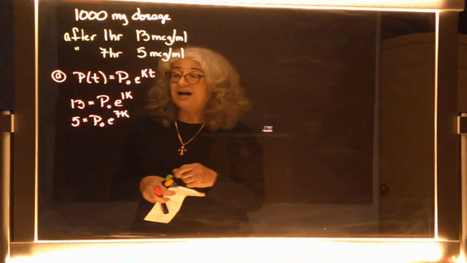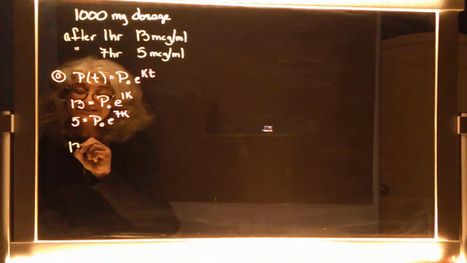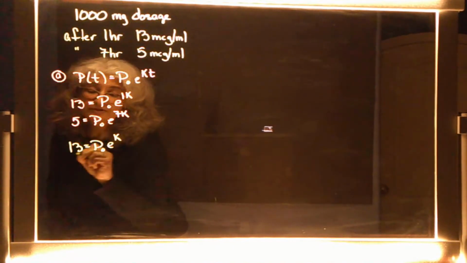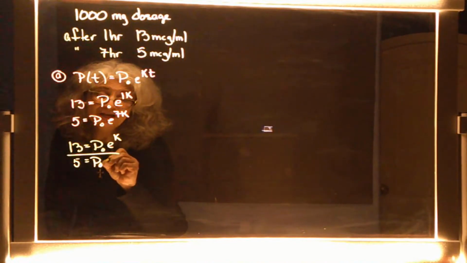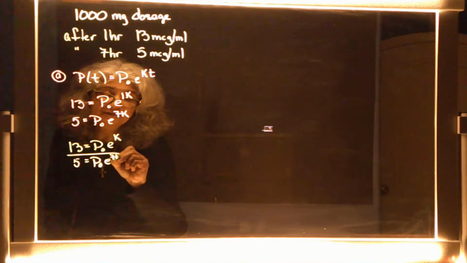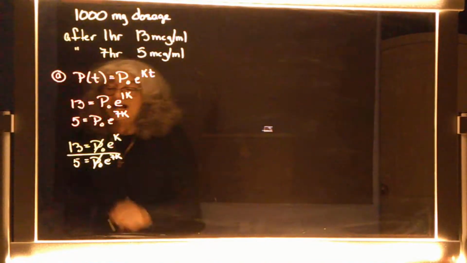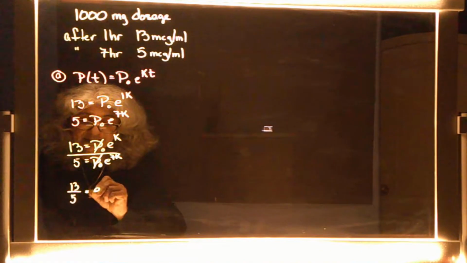I am going to take my two equations and divide them. Why divide? Because if I divide, I get rid of the P sub 0. I'm going to be left with 13 over 5 on this side equals e.